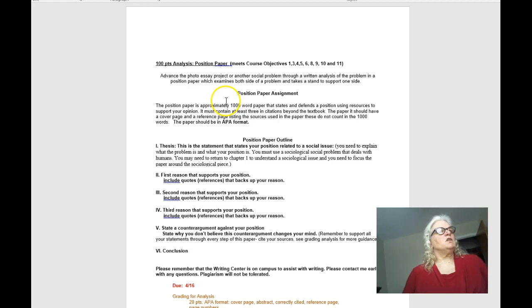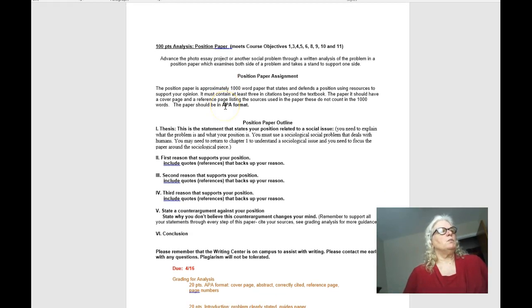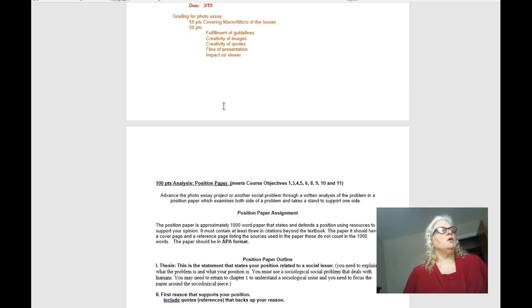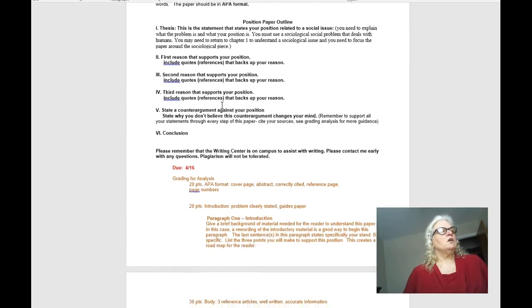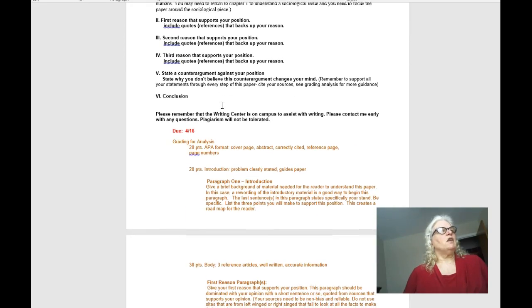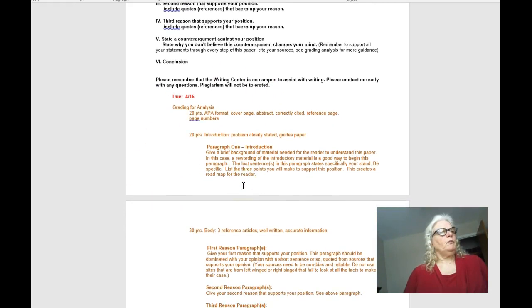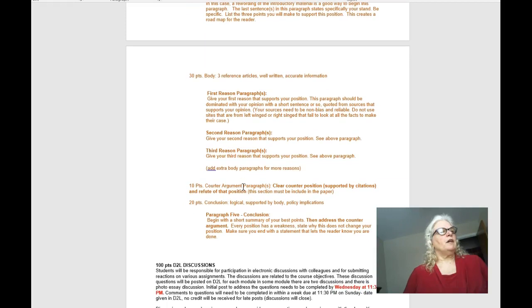The last is a position paper, and there is detailed information on how to write a position paper there as well. You'll notice on each of these, I also give you the grading so that you know how exactly things are being graded on that assignment. The grading will also help you write your papers effectively.